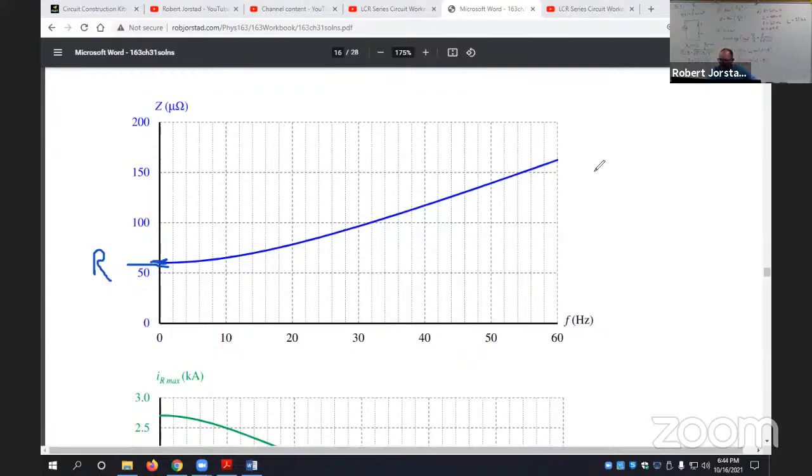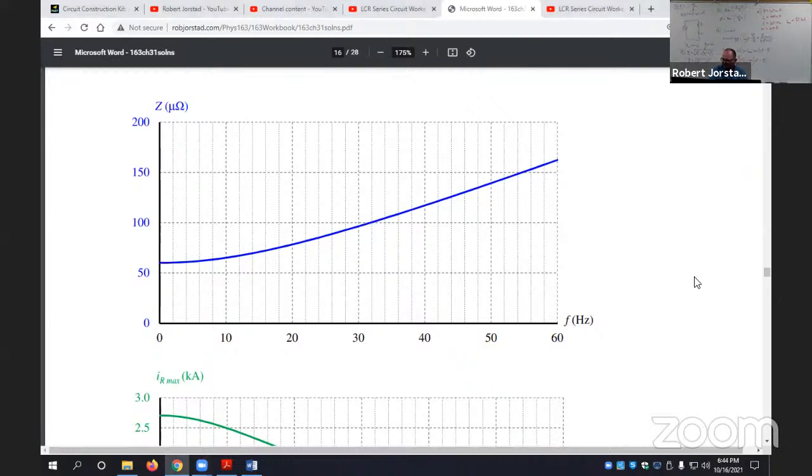So remember, in general, the formula for this was Z equal to the square root of R squared plus omega squared L squared. So it's a parabola. Well, no, it's its own thing. Let's not try to name it. Let's avoid trying to categorize things. Anyways, so the impedance goes up. That makes sense.